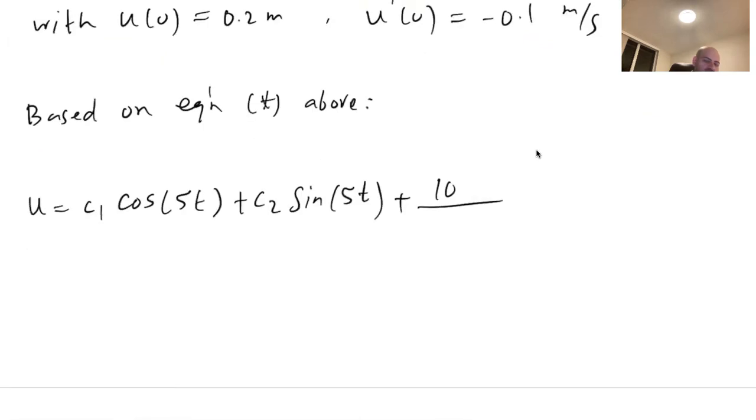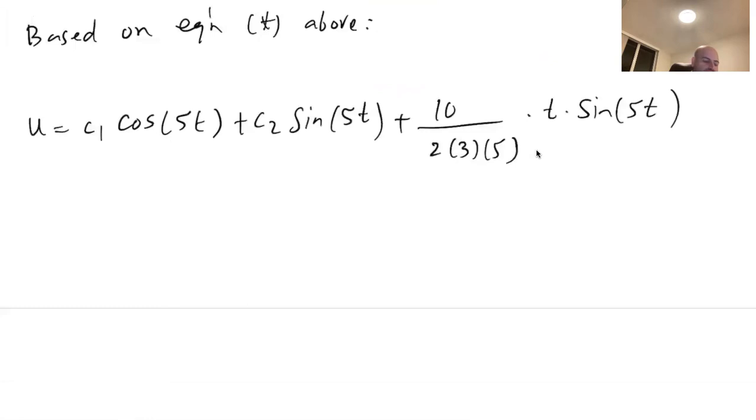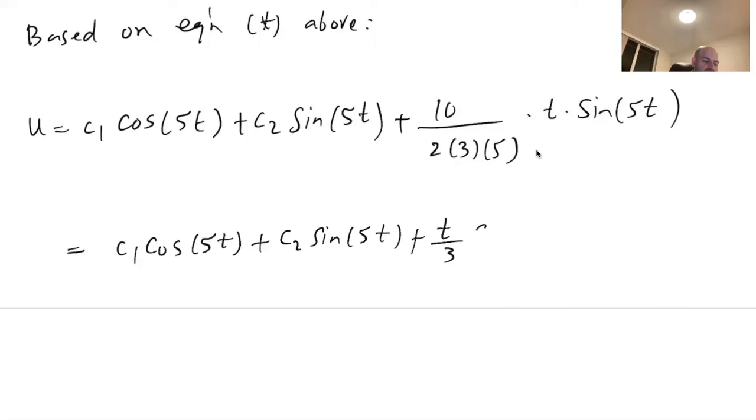So 10 over 2m is 3, omega naught is 5, so we can write it as C1 cos 5t plus C2 sine 5t plus t over 3 sine 5t.